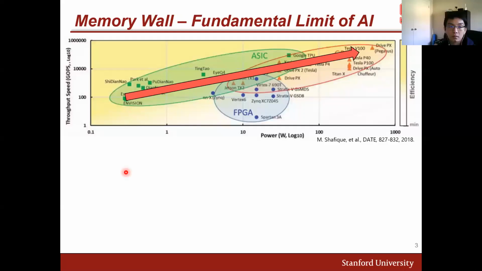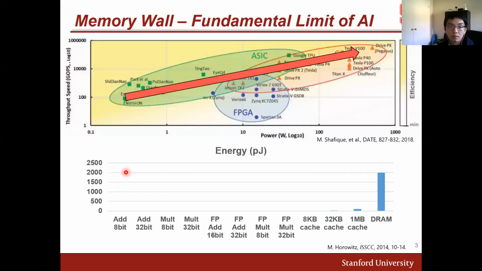One professor at Stanford, Professor Horowitz, conducted a study to see the energy consumption of all the processor actions that are happening.